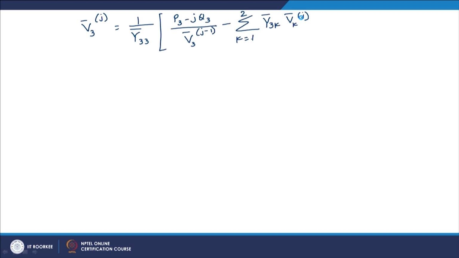Then from k is equal to 4 to n, Y3k Vk j minus 1. But for bus 4 and onwards we have not as yet calculated, so for these buses we would be only utilizing the value of the voltage as we have assumed as the initial condition.